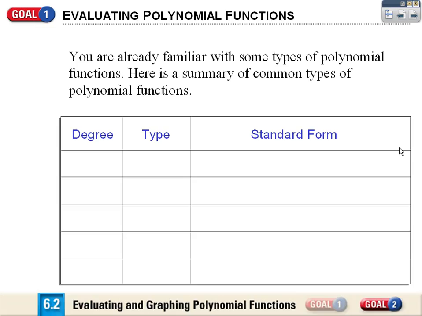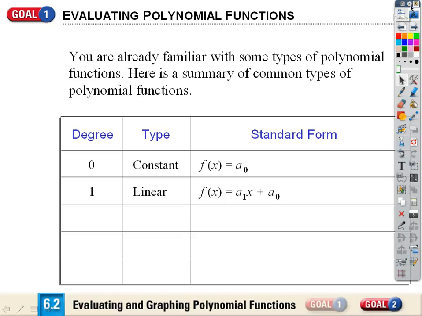Okay? A first degree polynomial. This is going to look familiar. We call that linear, and that would be f of x equals some number times x to the 1 plus some constant. We spent a lot of time talking about this. Instead of f of x, we typically called it y, same thing. And then, what was our most common formula for a line?